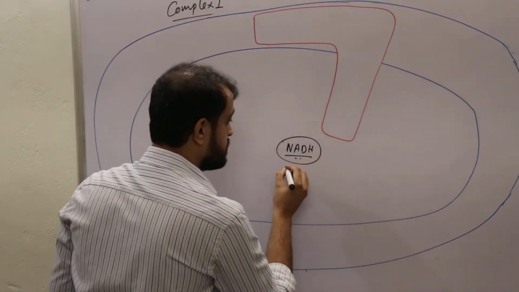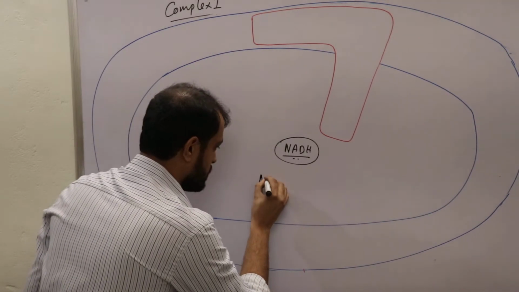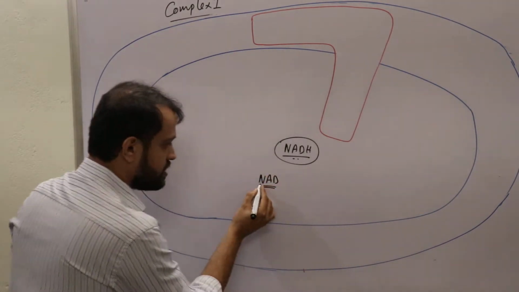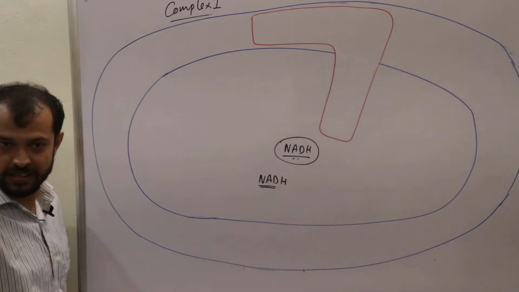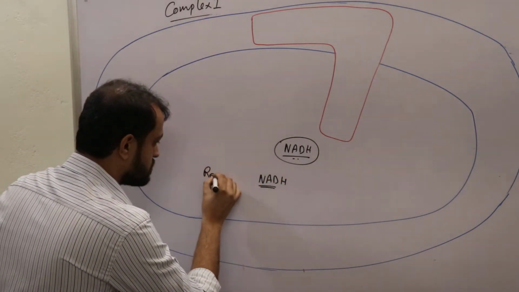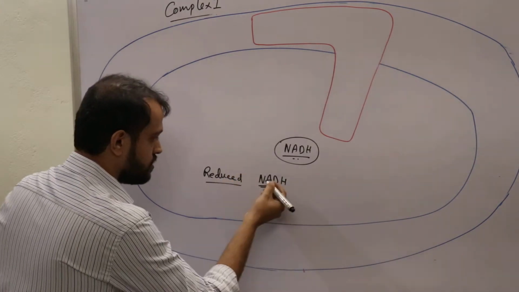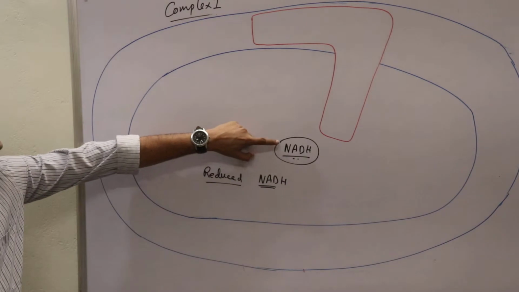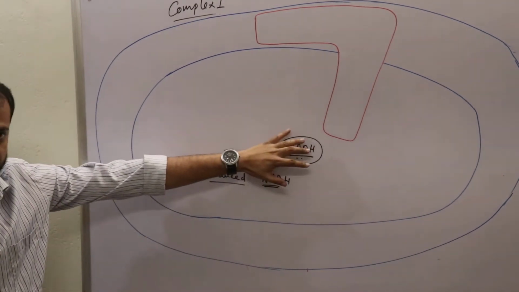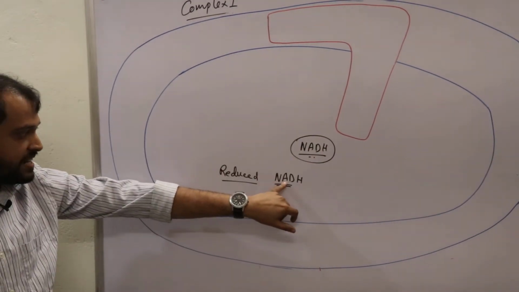NAD stands for nicotinamide adenine dinucleotide, but when H is added, it is called reduced. This is reduced NAD, that is, nicotinamide adenine dinucleotide.